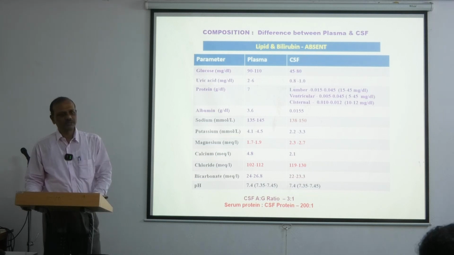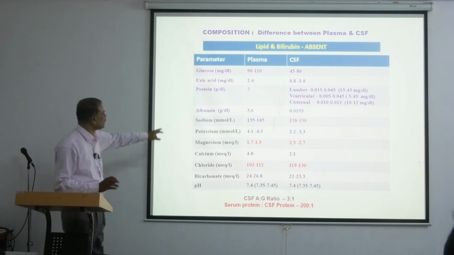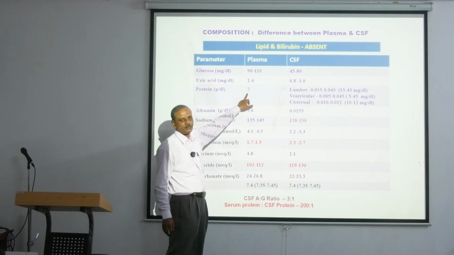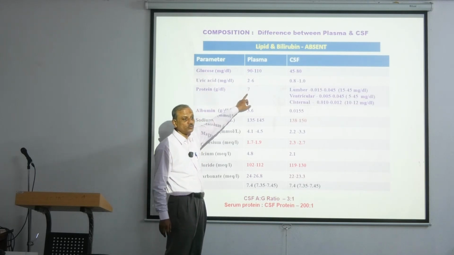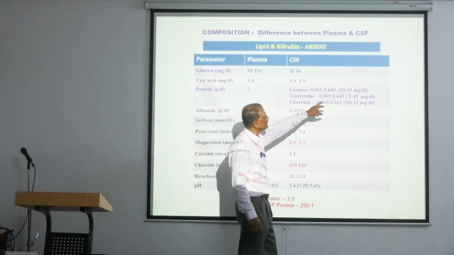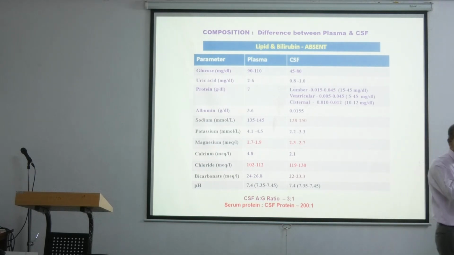So proteins are larger in size. That's why the amount of protein, you see here it is 7 gram. 7 gram means 7,000 milligrams. But here you see it is present in only milligram concentration, 1,000 times almost less.